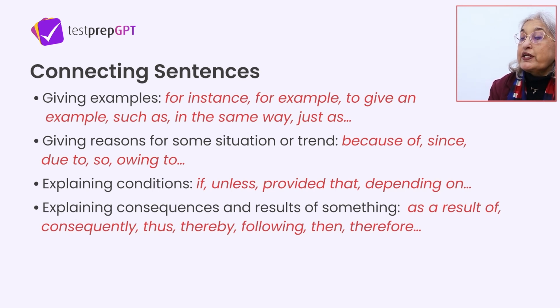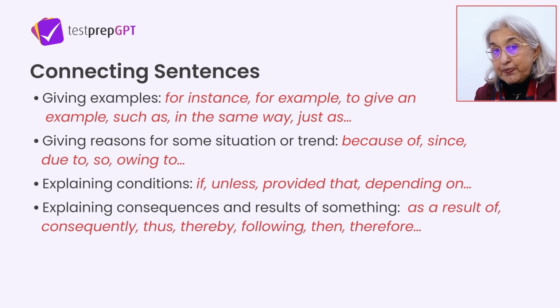Then you would say, for example, when such and such war took place, as a result of that, this happened, or as a result of this particular political event, this happened. Then you would say consequently, that means after that. So you use these words when you're narrating something. When you narrate a story, you'll say then, thus, following that this happened, after that this happened.